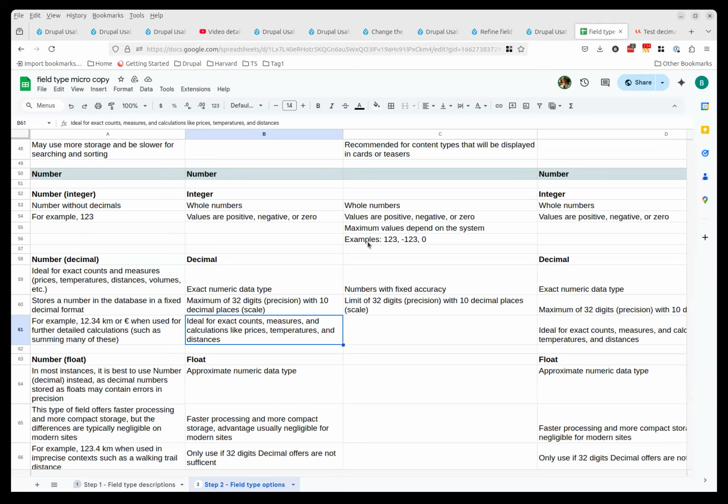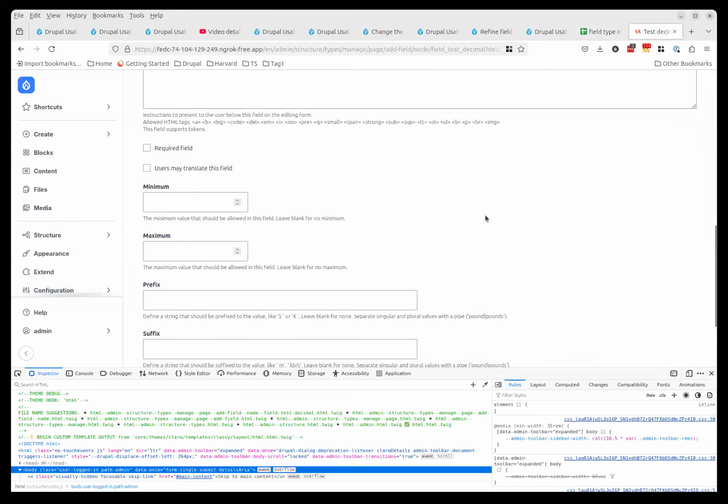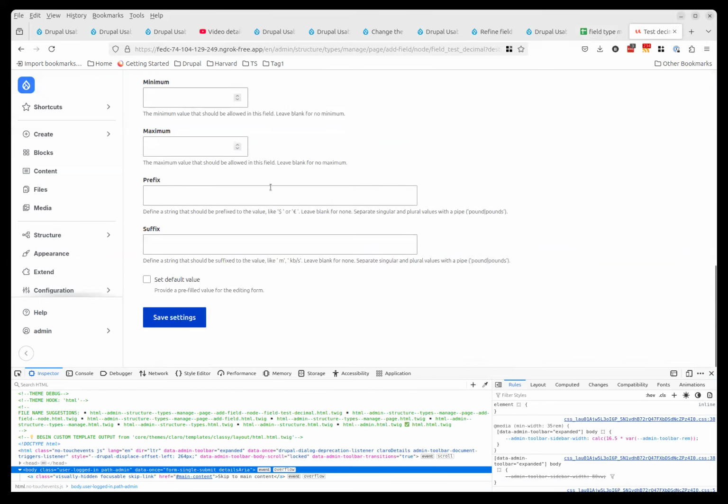But my question would be, how do you provide examples that illustrate the difference between decimal and float? I think we can do that, and let's wait until we're working with floats before we do that. And I'm just seeing, yeah, this allows prefix and suffix.